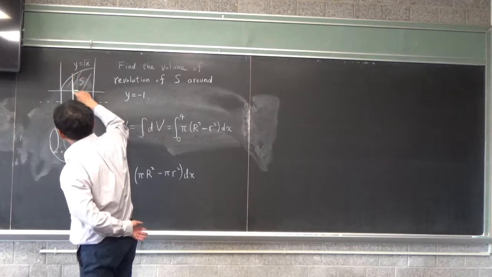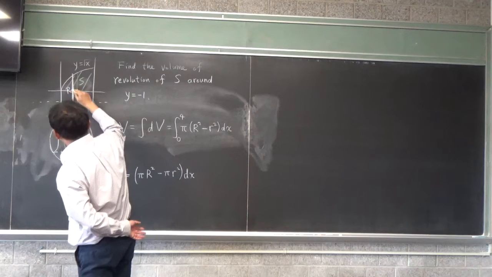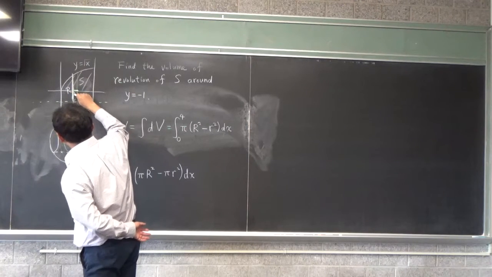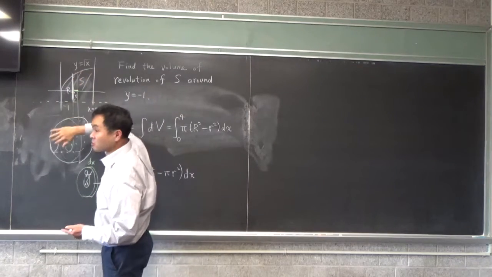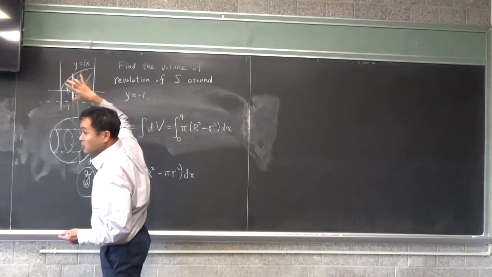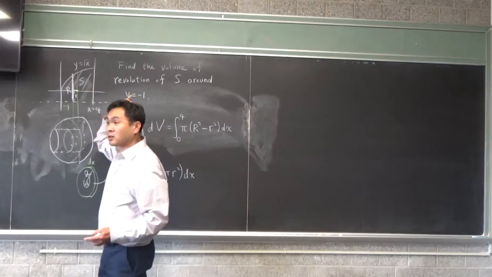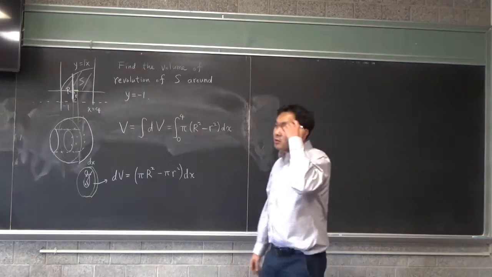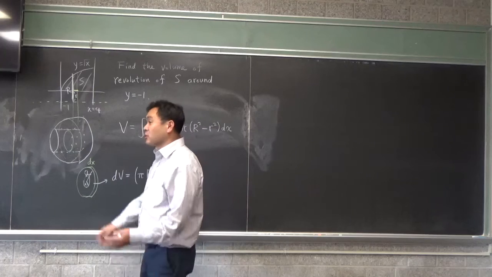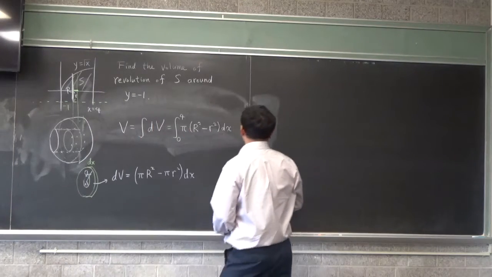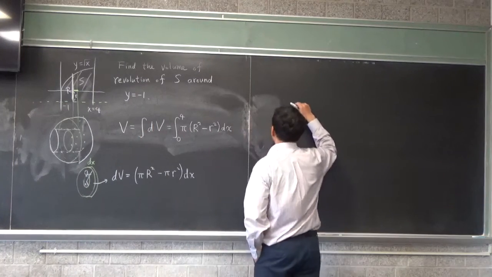And as a function of x, in this picture, this is your big R, right? And this much is small r, right? You see that when you rotate this around, this length will be your big R, and this will be small r. Small r is from y equals 0 to y equals -1.